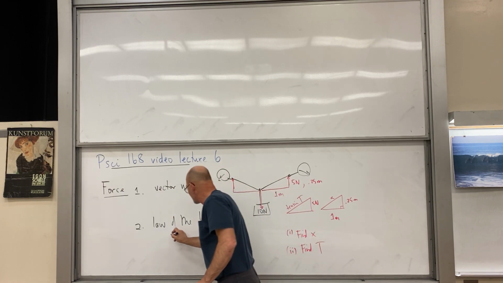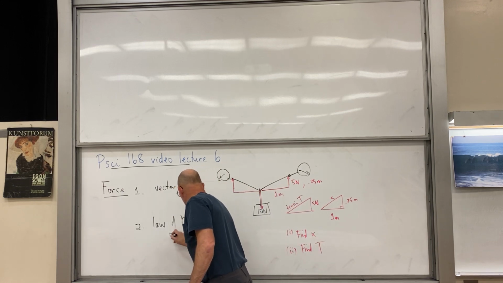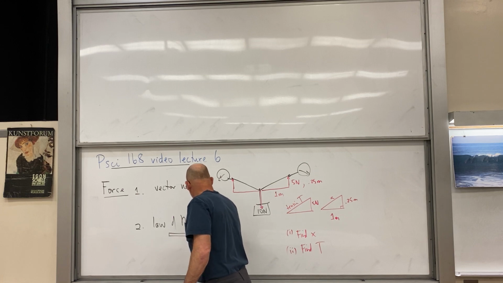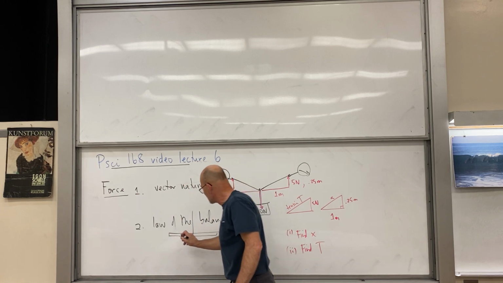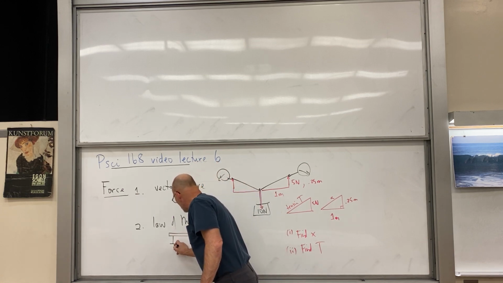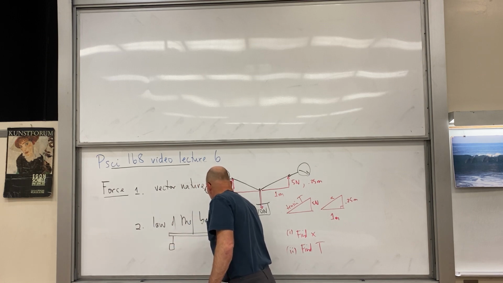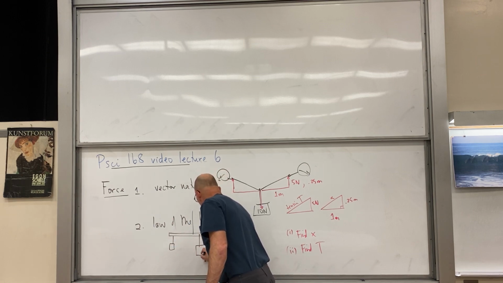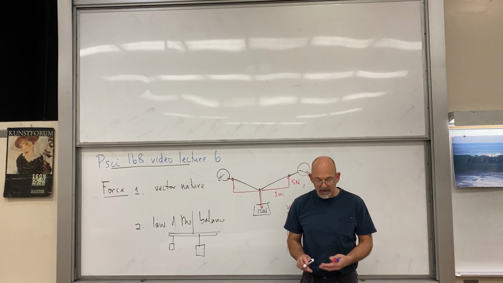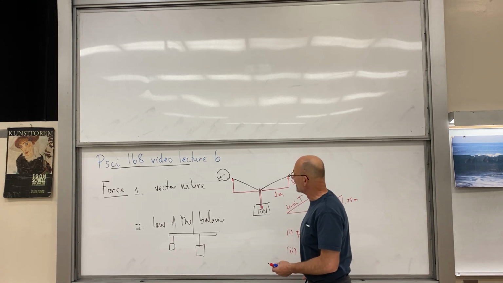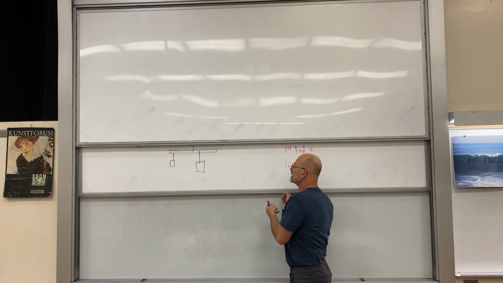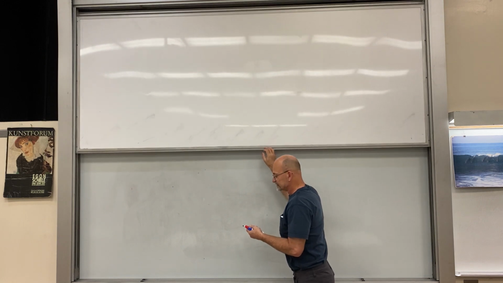And I had, for example, a balance suspended here right in the middle, and we could put the small mass here and the large one here, and they would balance. And the law of the balance, we send this up to write it directly underneath.